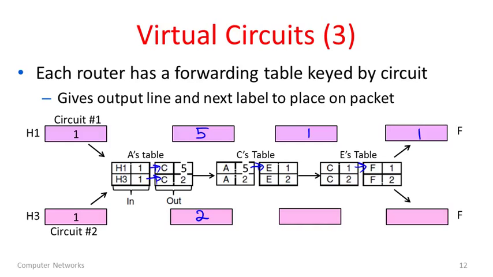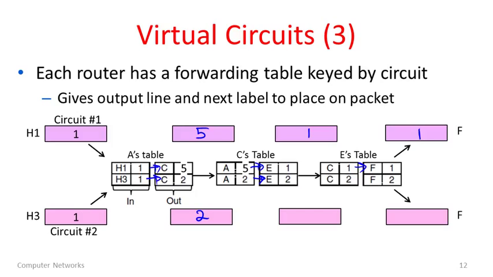At C, this comes in on link A with circuit identifier 2. Note that both of these circuits at C came in on link A. So we really needed them to have different circuit identifiers so we'd be able to distinguish them. One's known by 5 and the other's known by 2.